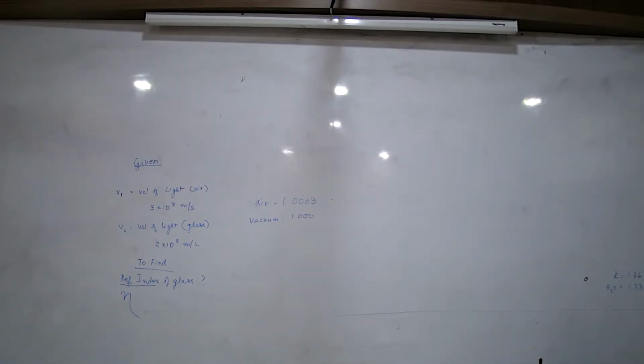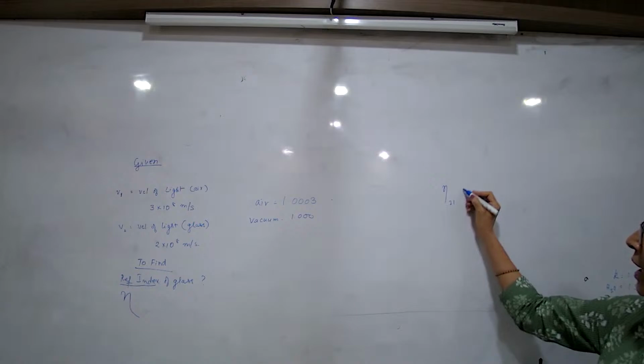Okay. Next one. Light enters from air to glass having a refractive index of 1.50. What is 1.50? Refractive index of what? Of glass. Okay. What is the speed of light?